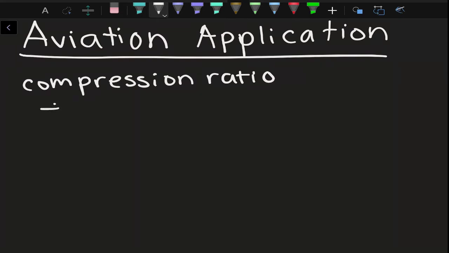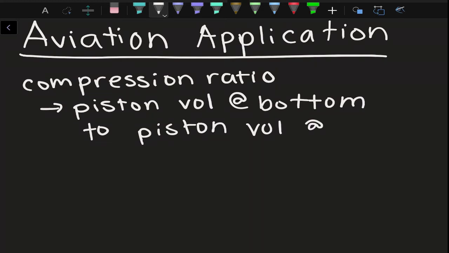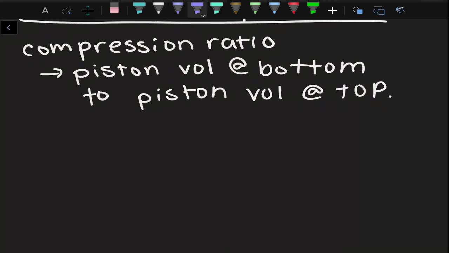So to simplify this, I'm going to write piston volume at bottom to piston volume at top.